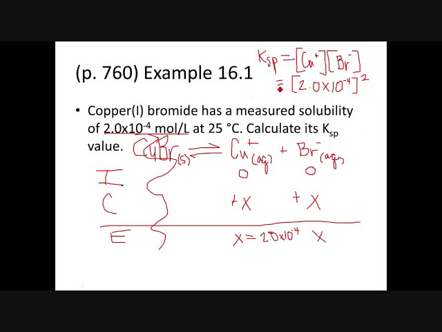So the Ksp answer is 4.0 times 10 to the negative 8.